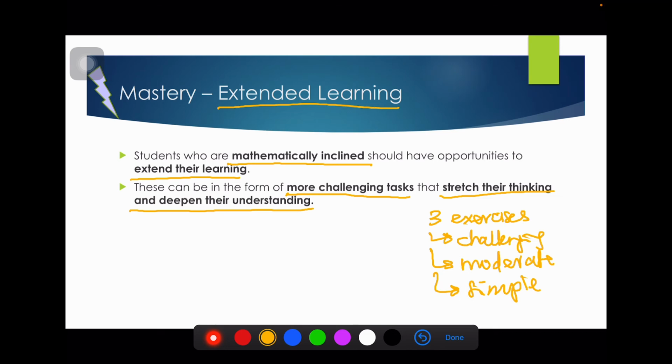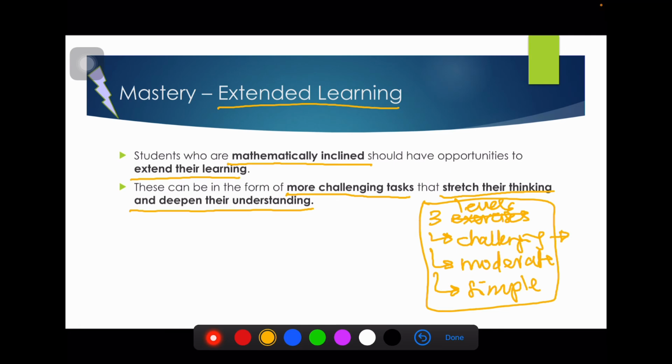It's not like you do the challenging one and then set it aside. No, actually all three levels will be on the same piece of paper. Only you know which one is simple, which one is moderate, and which one is more challenging. So students who are fast learners will be doing everything.